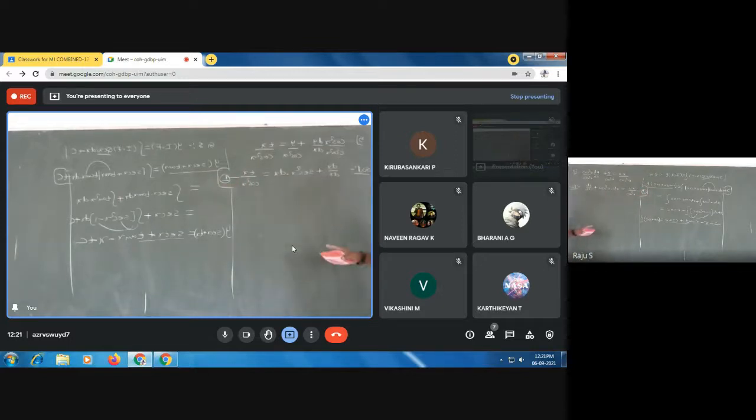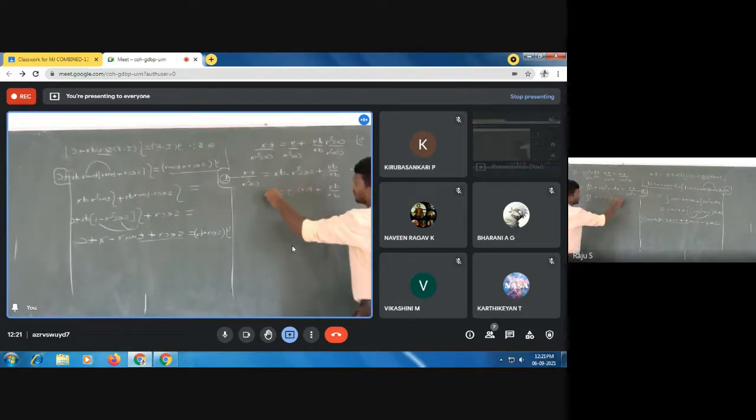Now it is clearly in standard form, comparing with dy by dx plus p of x into y is equal to q of x. What is p of x? What is q of x?